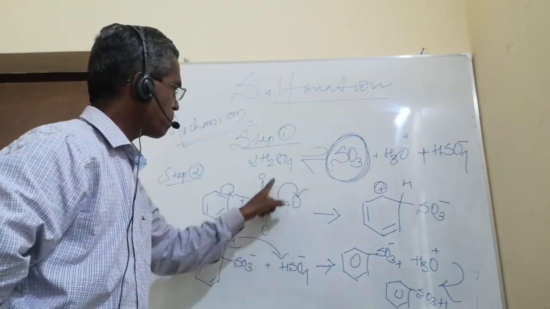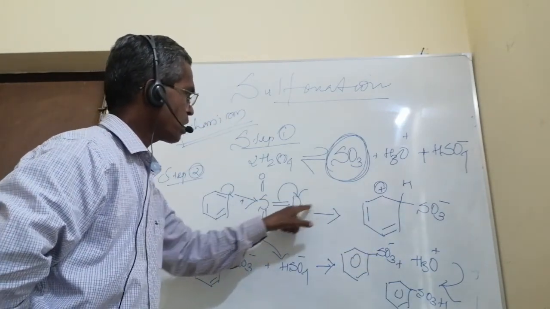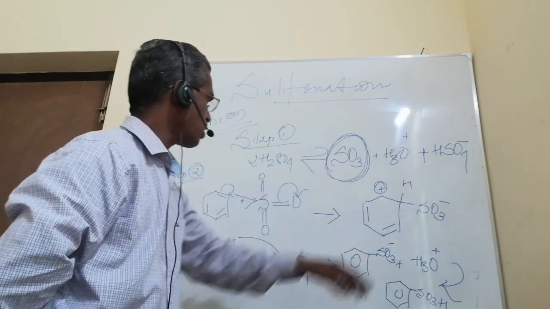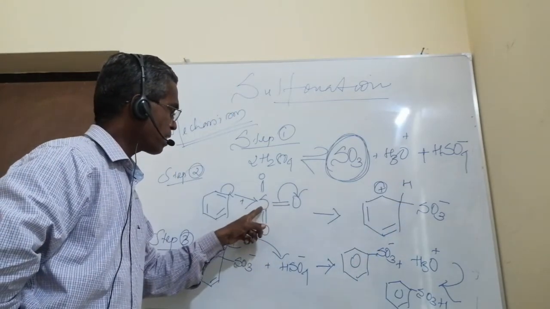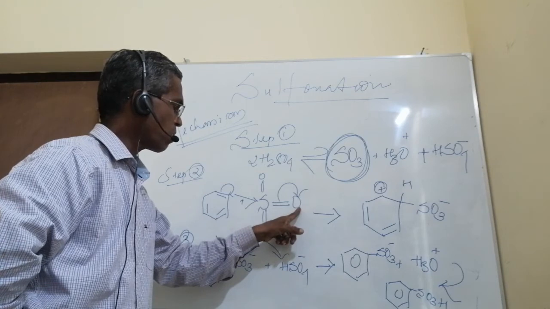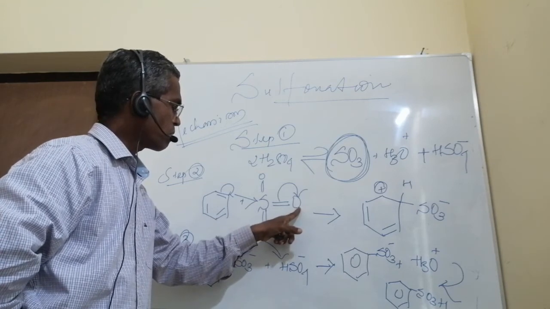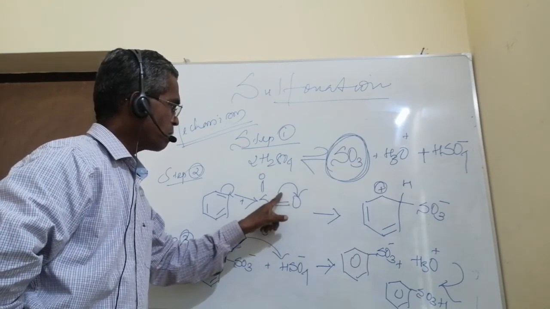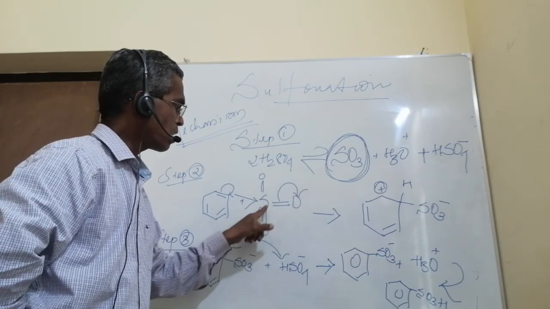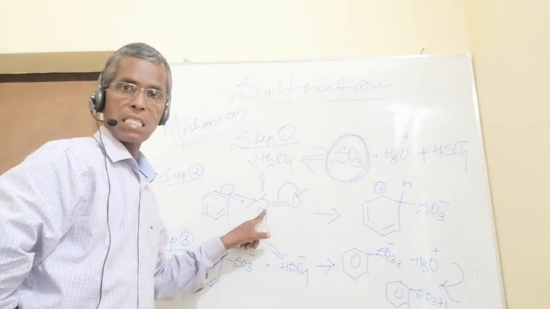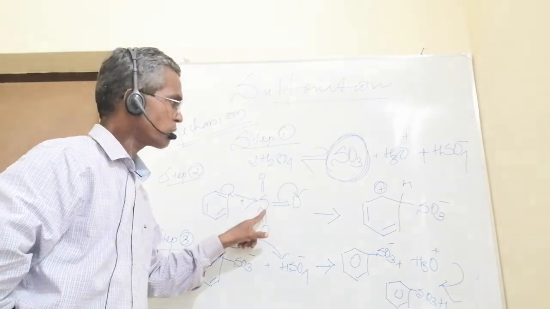Because the pi bond electrons moved over to oxygen, the oxygen now acquires the minus charge. We know very well, compared to sulfur, oxygen is electronegative. Therefore, this pi bonding electron moved towards oxygen, not towards sulfur, making the sulfur positively charged.